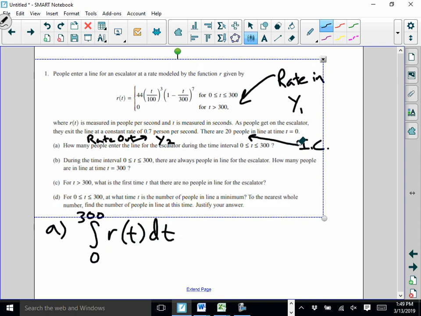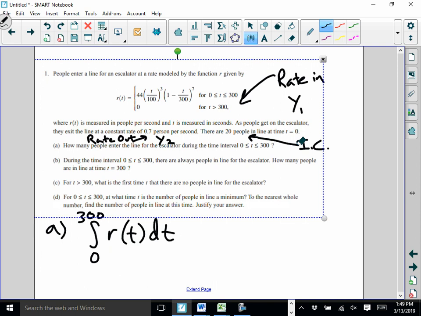Note, please do not write out 44 parenthesis t over 100, right? That's the same as r of t. Save yourself some time and just write the integral from 0 to 300 of r of t dt. Okay? This answer will tell us the total number of people who got in line.